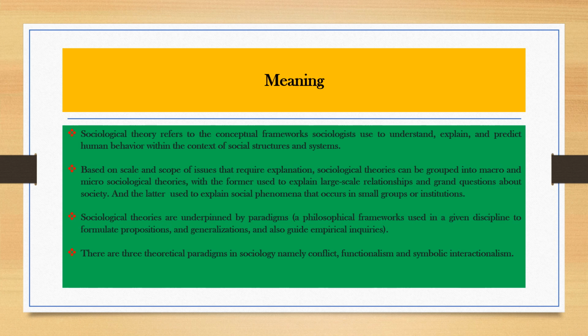Micro theories are used when we're explaining issues that are small in nature and those that involve small relationships at group level or issue level. For instance, again, if we are to study efficiency, say in a government institution such as a university, then at that level, we might be required to use micro theories.